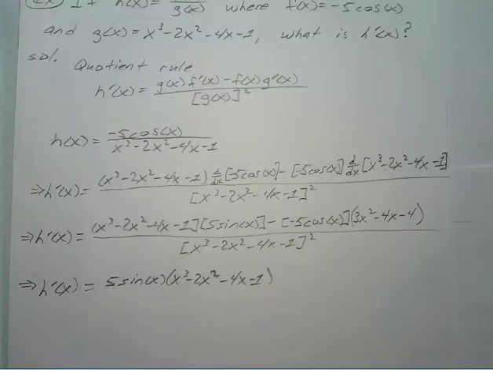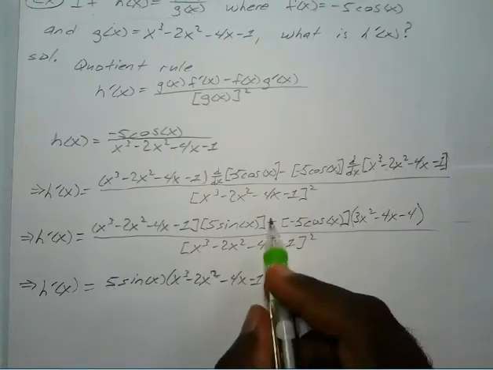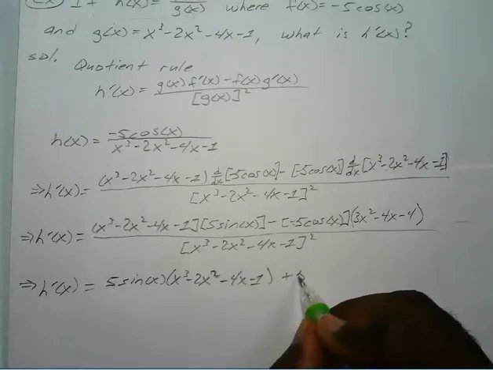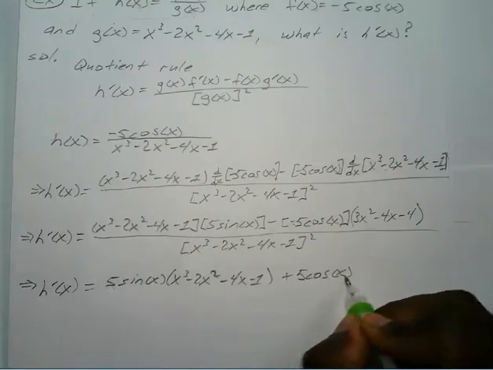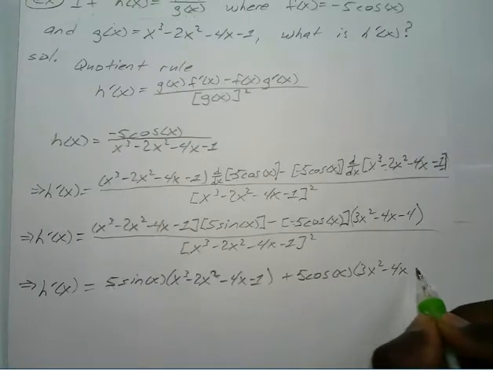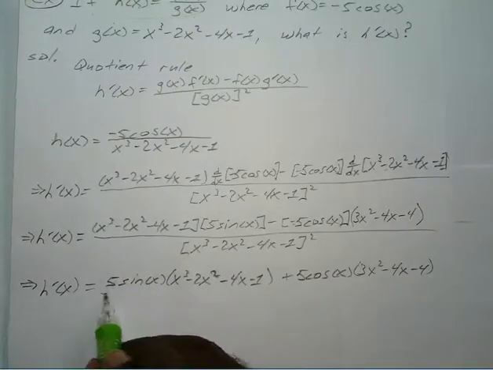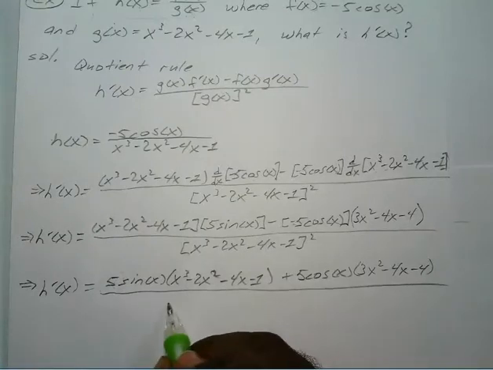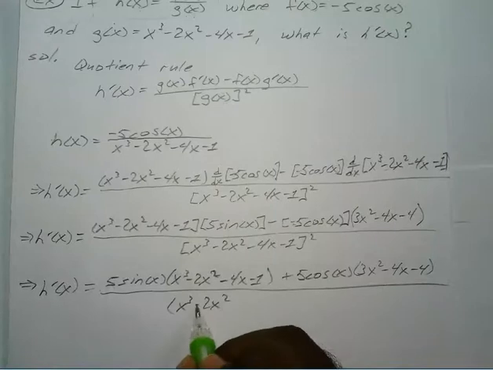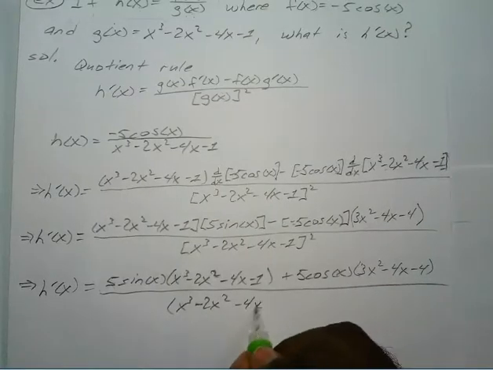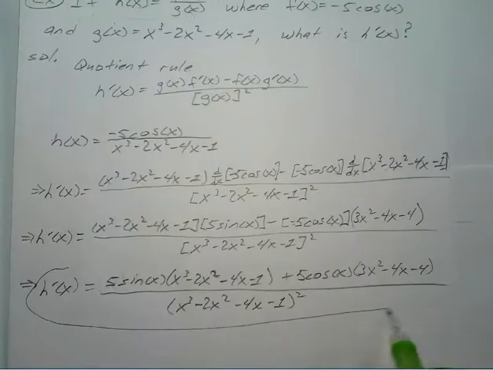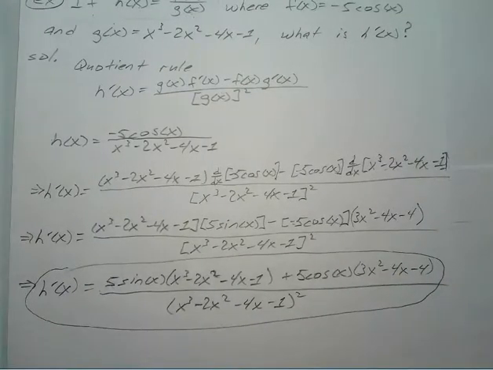Yeah, it looks a little bit better. Minus minus is plus, so that's plus 5 cosine of x times 3x squared minus 4x minus 4 all over your denominator squared, which is x to the third minus 2x squared minus 4x minus 1 squared. All right, and that would be your final answer for that one.